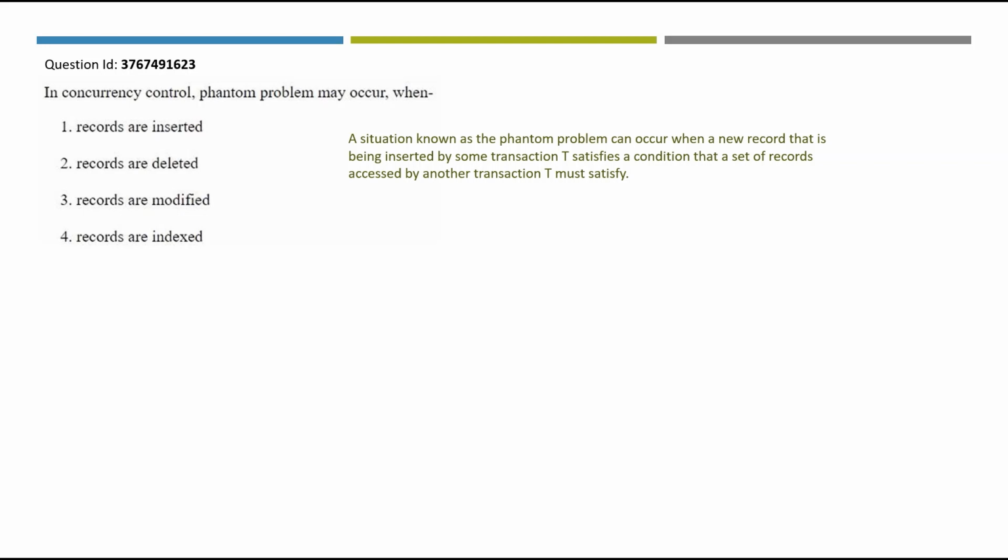During what operation does this situation occur? When a new record is being inserted. Just look at the options: records are inserted, records are deleted, records are modified, records are indexed. The phantom problem may occur when records are inserted. Option number 1 will be the right answer.